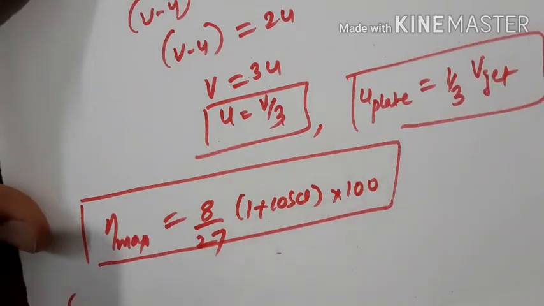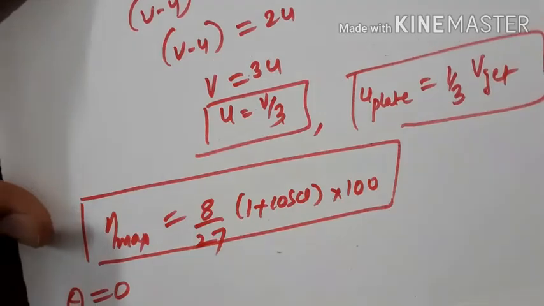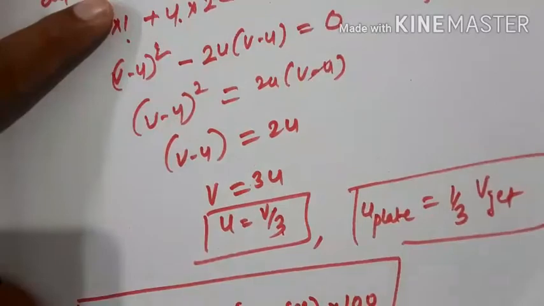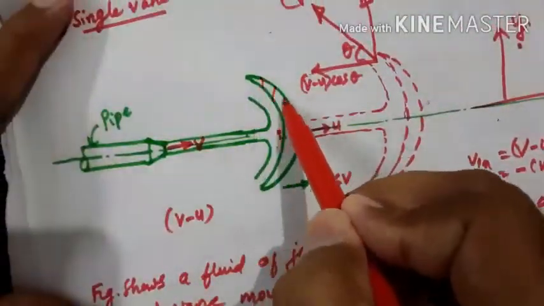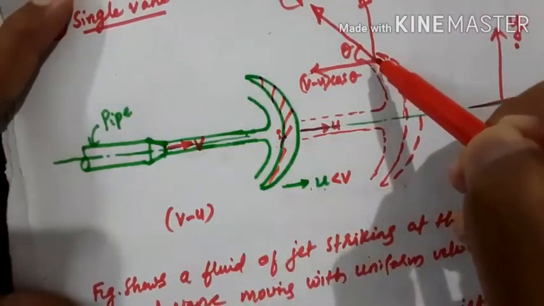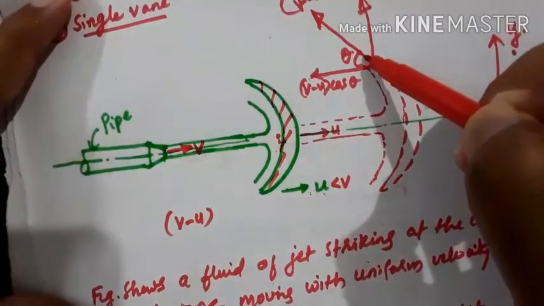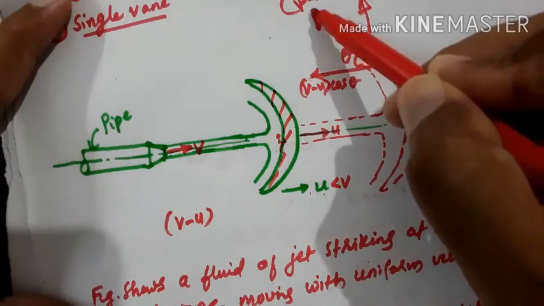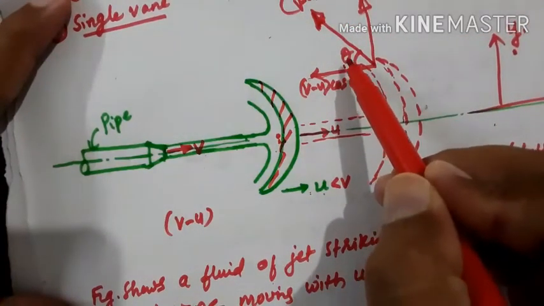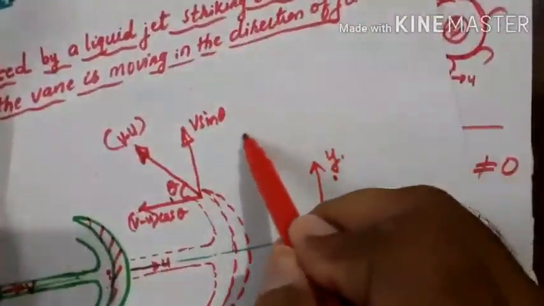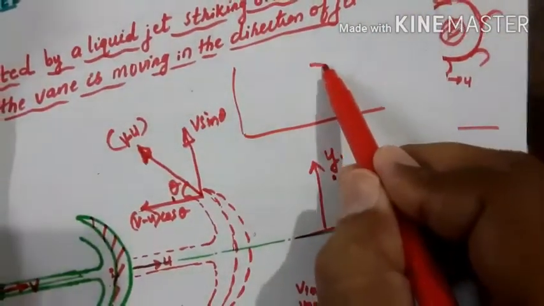Okay, suppose theta is equal to 0. When you get theta equal to 0, see, this is the curved vane, the jet is striking here, and after striking, this is the velocity of the jet exiting, making an angle of theta. When this theta equals 0 means, suppose this is the vane.